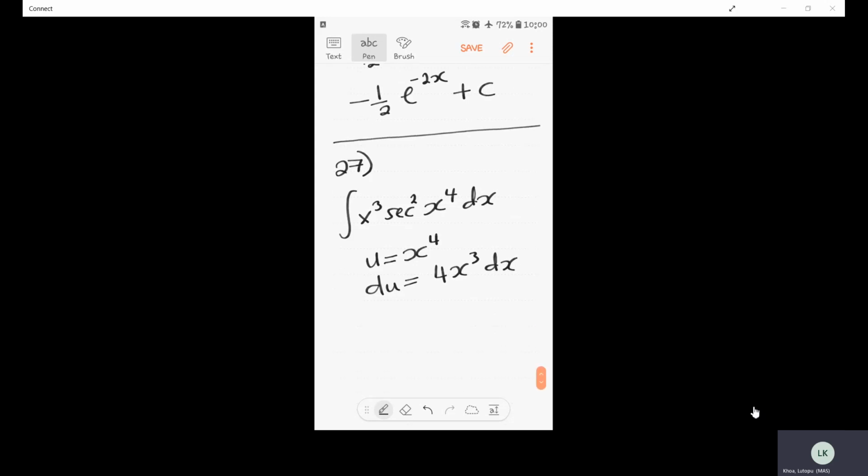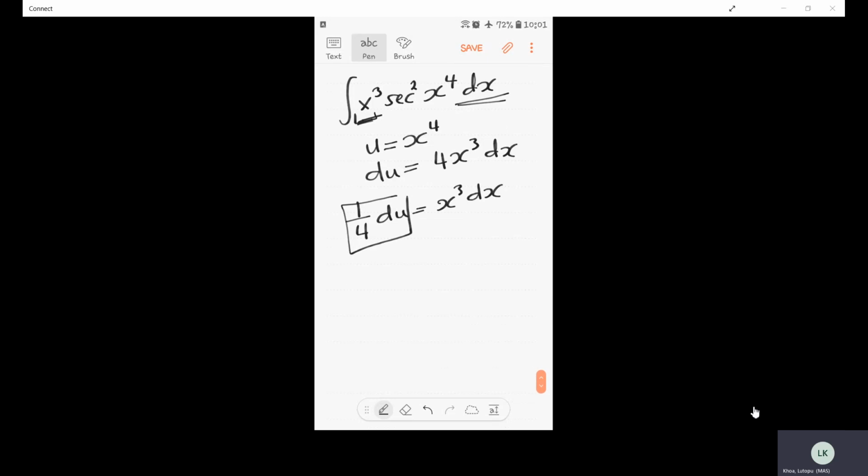Can divide by 4 on both sides because I only have x cubed dx. So I have 1 over 4 du, this is equal to x cubed dx.